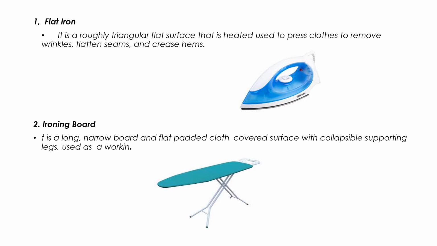Iron board or ironing board. It is a long, narrow board and flat padded cloth covered surface with collapsible supporting legs used as a working surface with the iron.